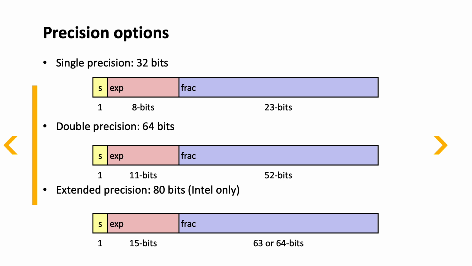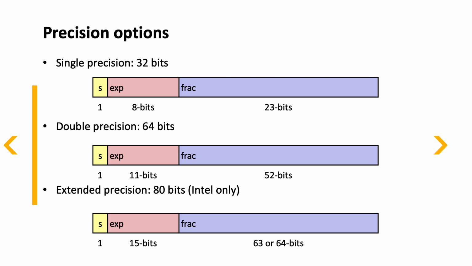We've got 1 bit for the sign bit, of course. We've got 8 bits in that case for the EXP field that's going to encode the value of E, and we've got 23 bits to work with for the frac field, which encodes the value of M. For double precision, we have 64 bits. Again, 1 bit for the sign. In this case, though, we have 11 bits to encode E in the EXP field, and 52 bits for the frac field encoding M.